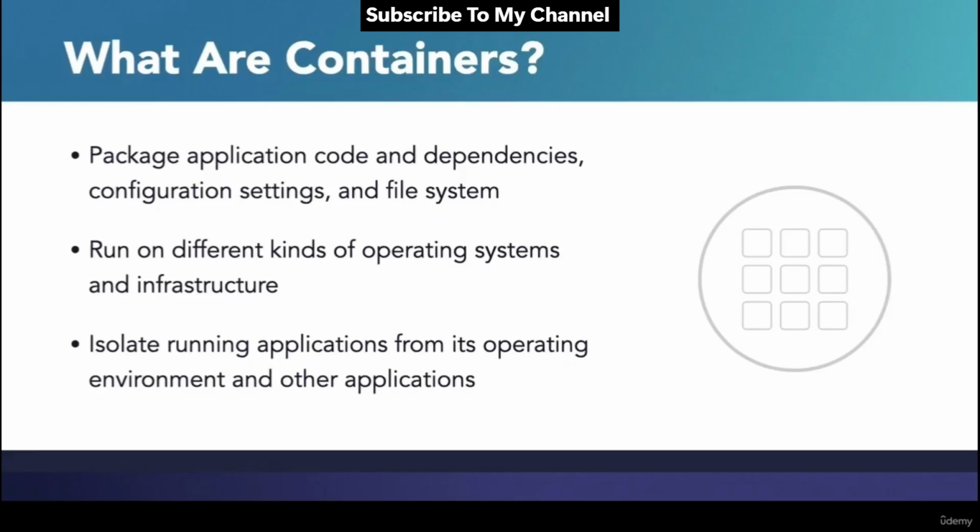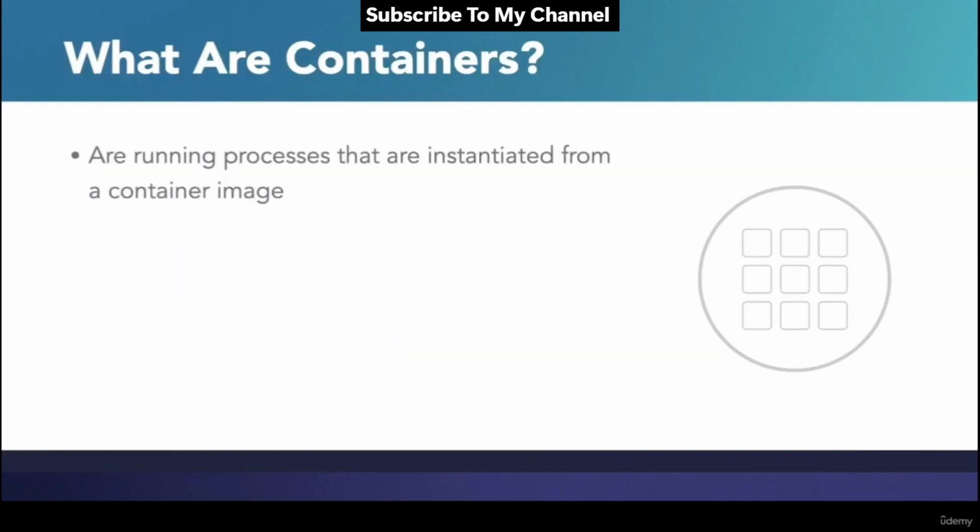They isolate a running application from the environment outside the application, as well as from the other containers. Now, it's important to realize the difference between a container and a container image. A container image is a special file that becomes a container when it is run as a process of an operating system.